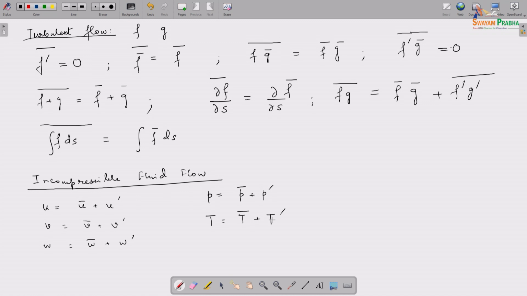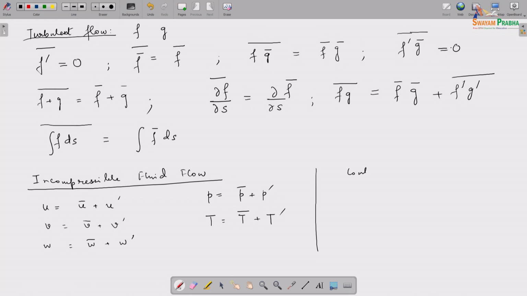So now for example, if you have the continuity equation, what is the continuity equation?